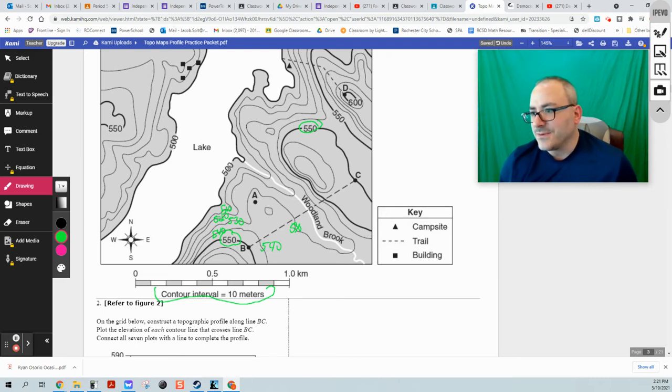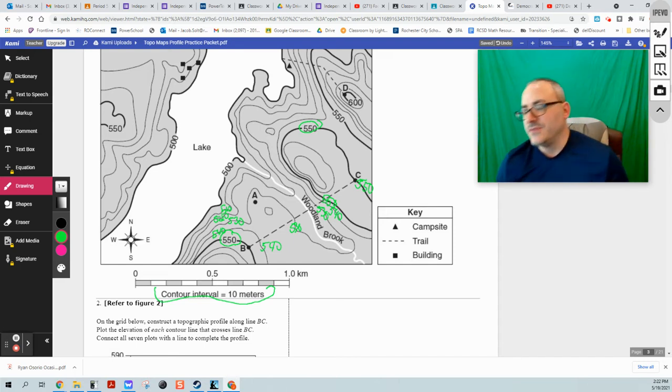Notice how this snakes around and becomes 530 again. I'm coming back up. That would mean this is 540, and this would mean this is 550. And this is flat, so this would be 550. And I can see that because it's the dark line. All right, so it looks like a 300.